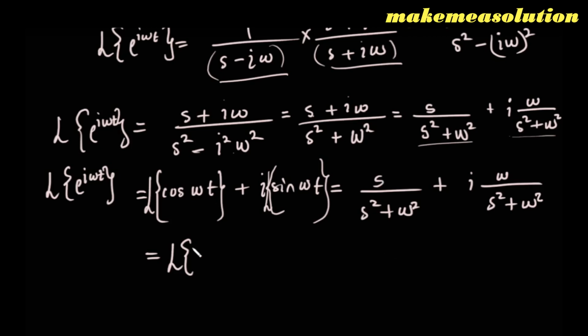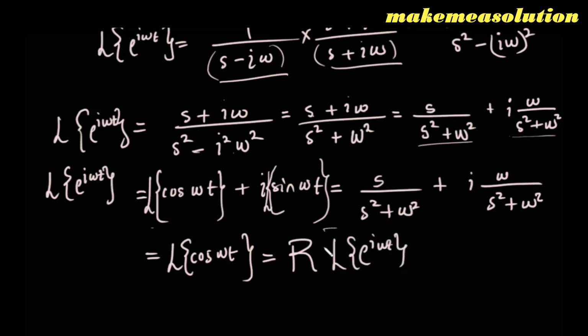If you're sensitive enough, you'll discover that when we compare real parts and imaginary parts, the Laplace transform of cos omega t corresponds to the real part of the Laplace transform of exponential i omega t. So this is s divided by s squared plus omega squared.